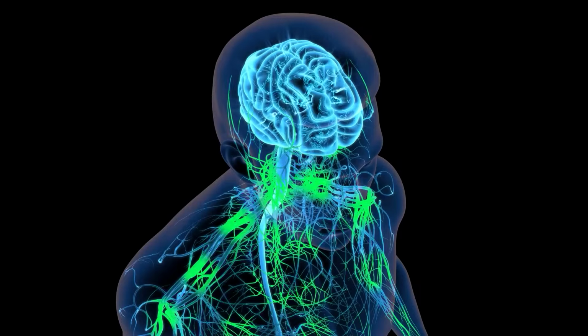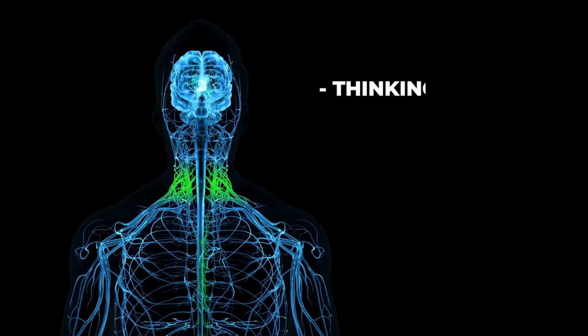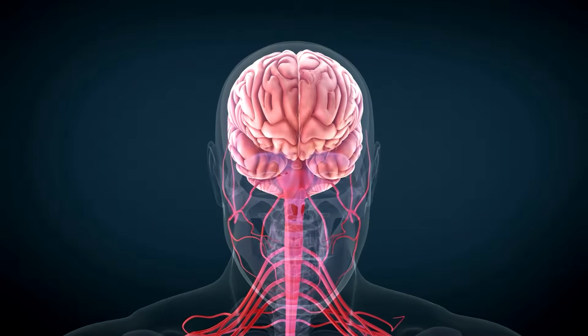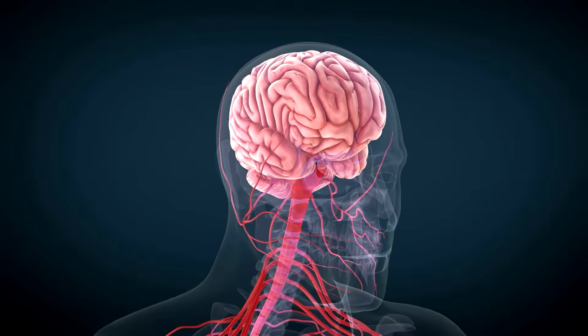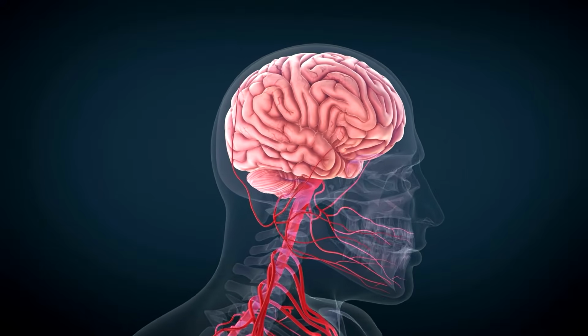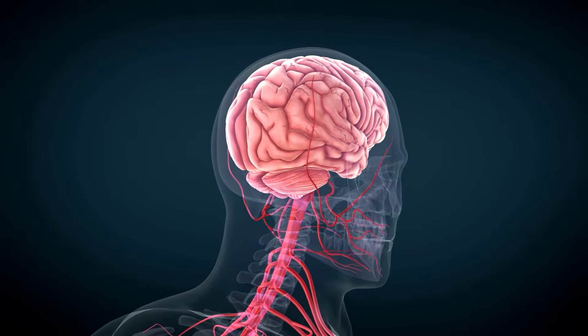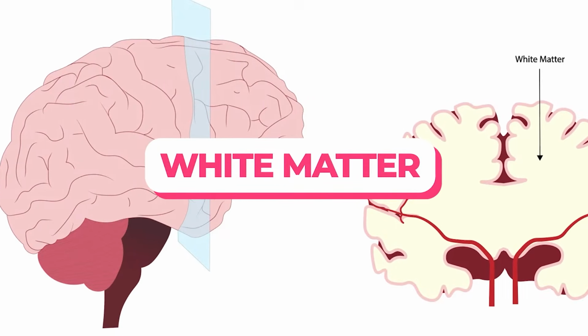It is densely packed with nerve cells and is responsible for higher cognitive functions, including thinking, perceiving, producing and understanding language. The thickness and structure of the cerebral cortex can vary across individuals and has been associated with various cognitive abilities and personality traits.